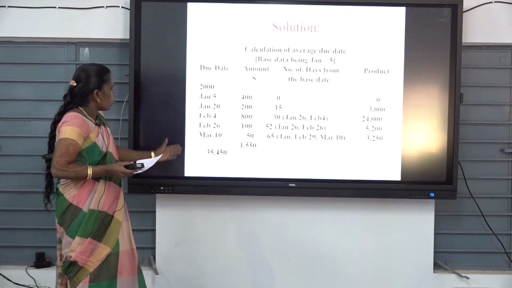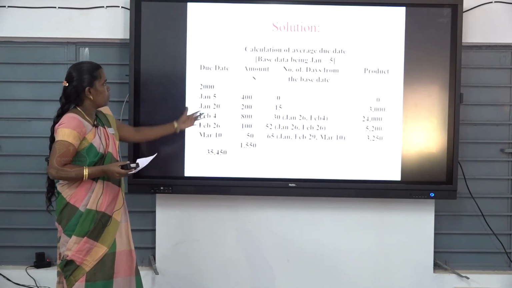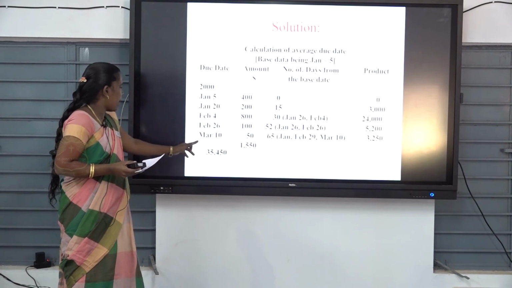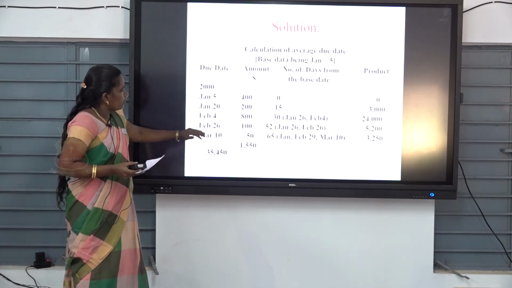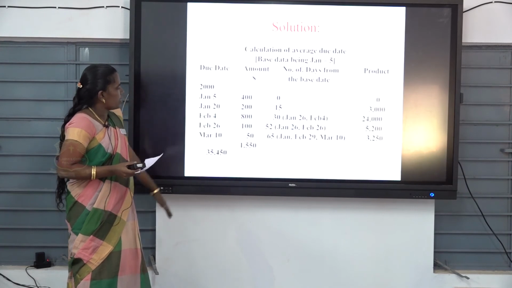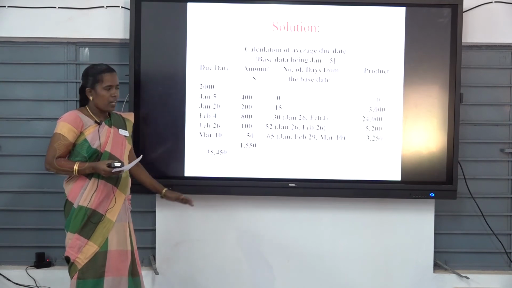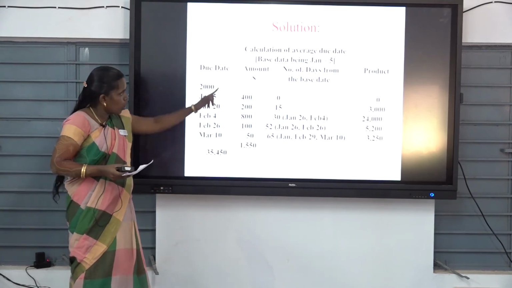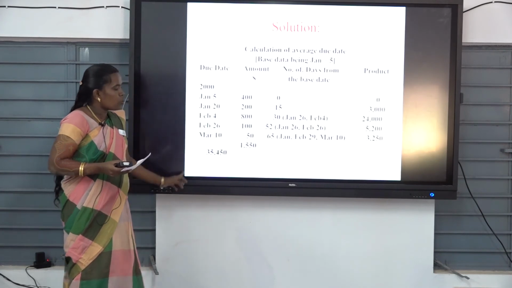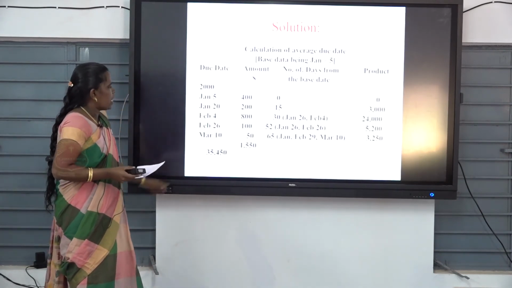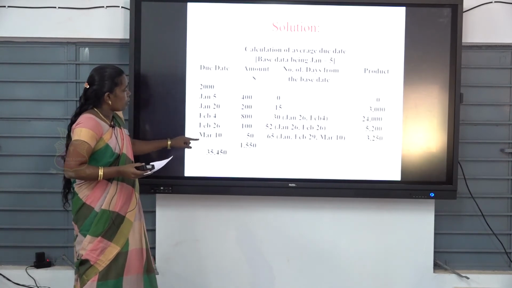Next, March 10: from the base date January 5 to March 10, January 26 days, February 29 days, since 2000 is a leap year, and March 10.